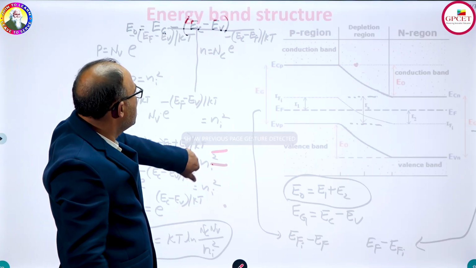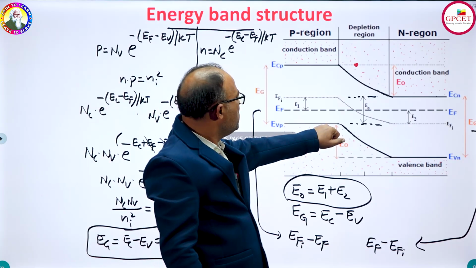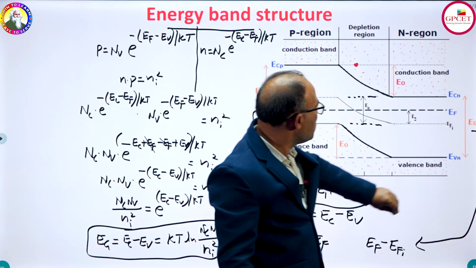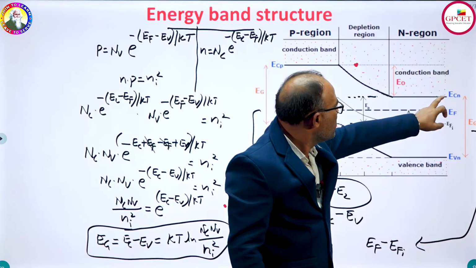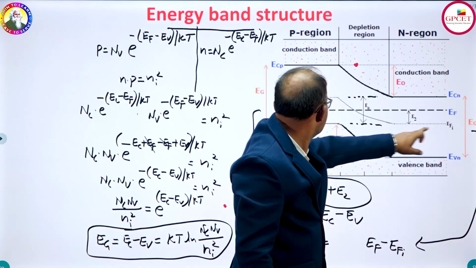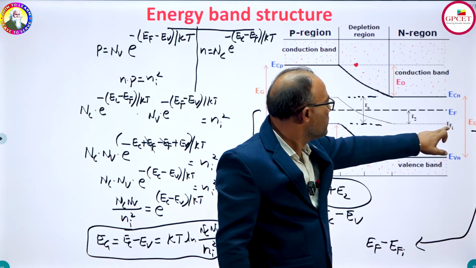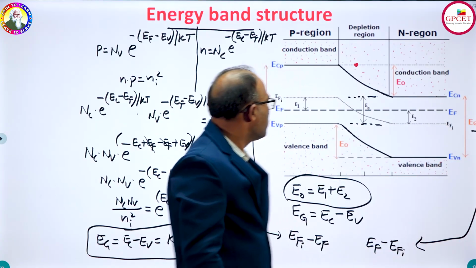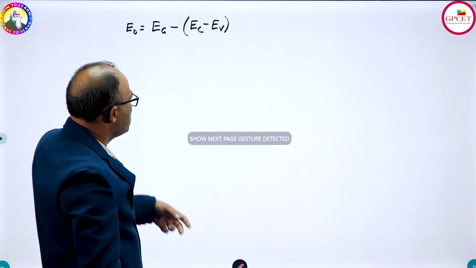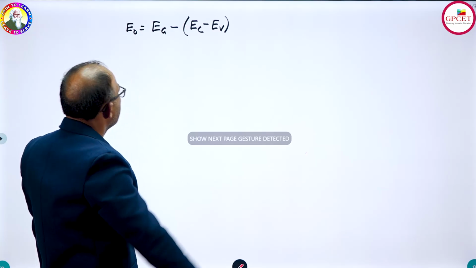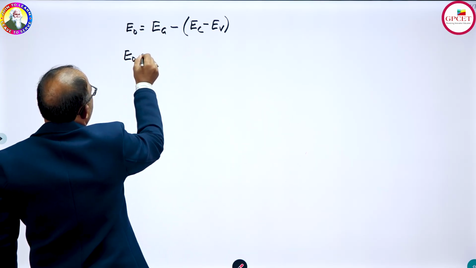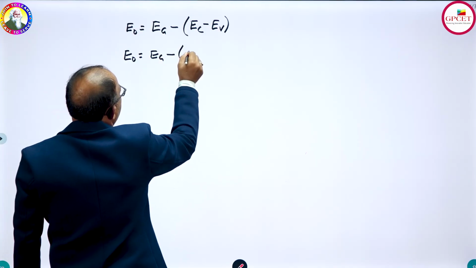That means E naught is Eg minus Ec and minus Ev.